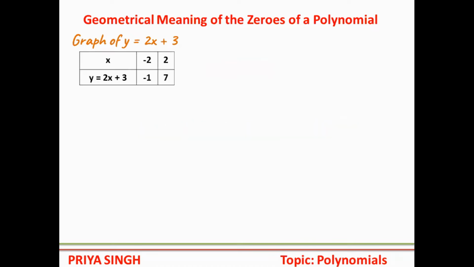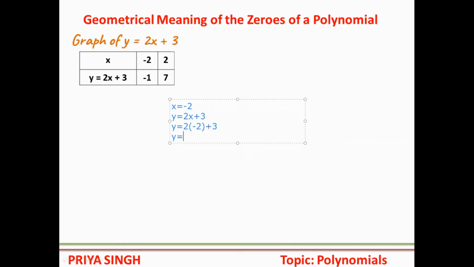I have plotted some points. I got some points by solving it. I'll explain one of them so that you get how I've got it. So I have considered the value of x is equal to -2. Now my equation is y is equal to 2x plus 3. So I'm putting the value of x in my equation to get the answer.